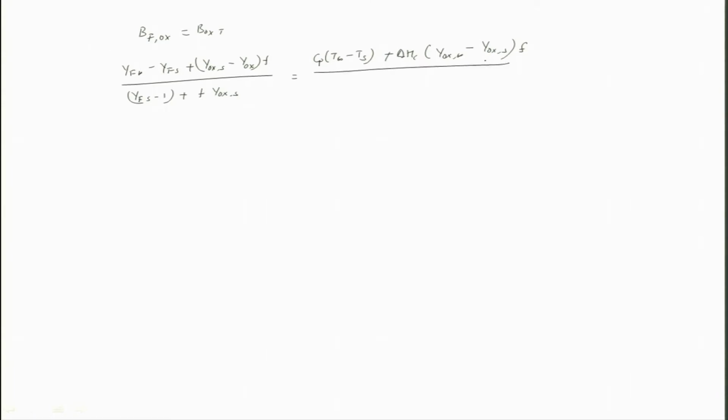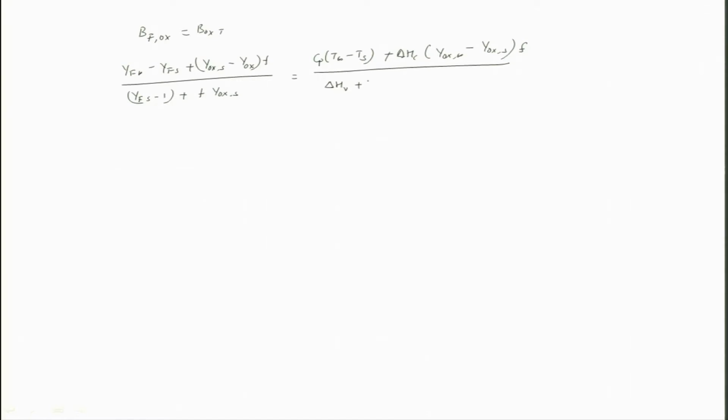B_F,OX is nothing but Y_F infinity minus Y_FS plus Y_oxygen at the surface minus Y_oxygen infinity, divided by Y_FS minus 1, plus Y_oxygen S, which is equal to Cp_oxygen times the temperature difference, T infinity minus Ts, plus delta Sc times Y_oxygen infinity minus Y_oxygen S, divided by H_V.